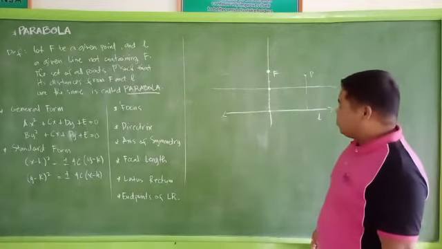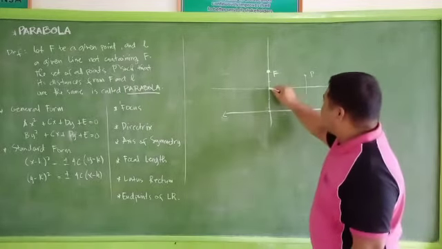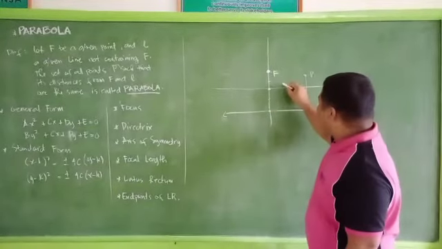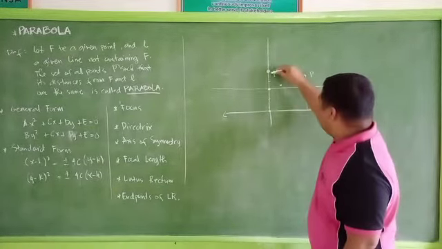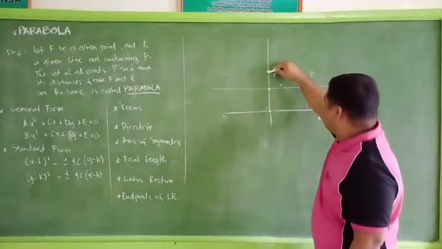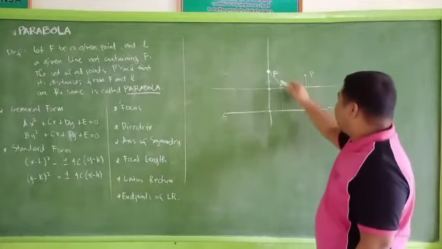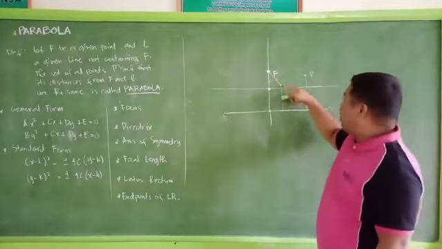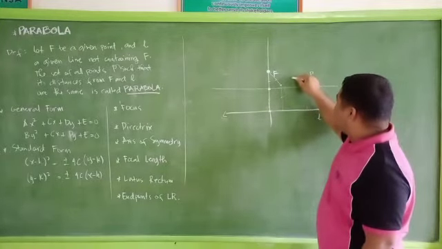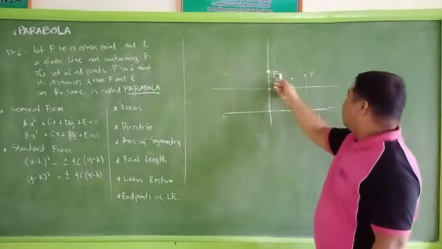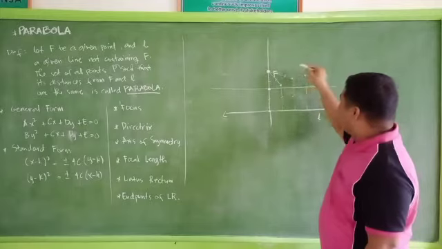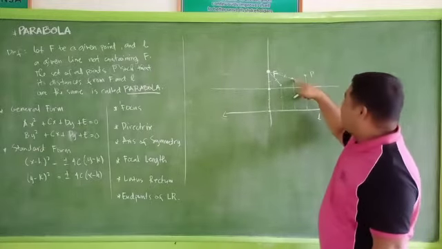Meaning to say, this point here is on the parabola. Halimbawa also, maglagay ako ng point dito na in such a way na yung distance nito hanggang dito, tapos hanggang dito, is the same. Then meaning to say, yung point na to is nasa parabola. Also, if maglagay ako dito ng point, distance nito from F, distance nito from line L, the same, meaning to say that point is on the parabola.